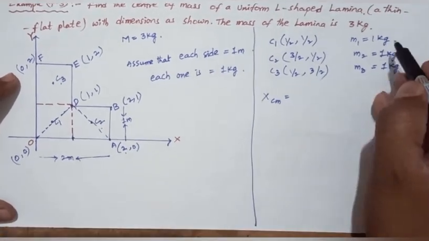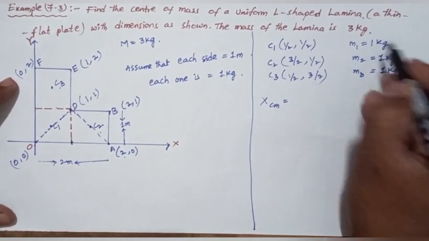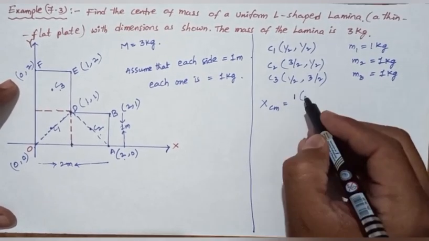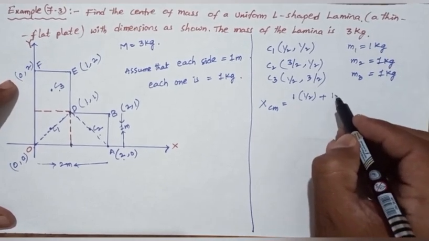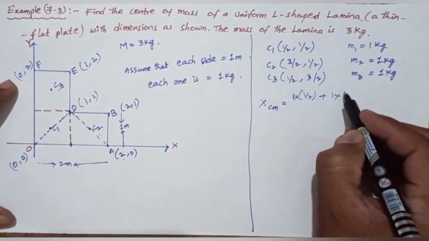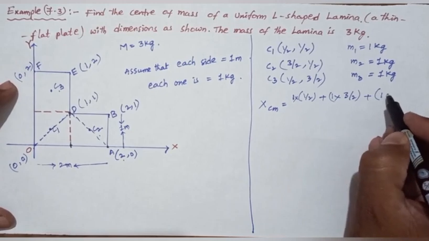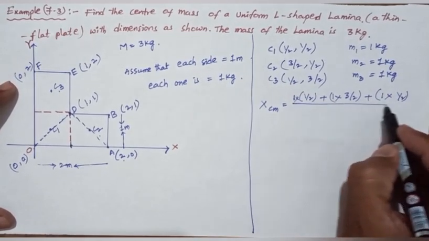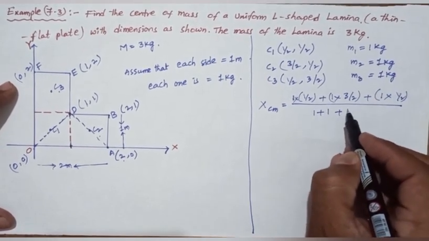So next it is m1 into x1. m1 is 1, so 1 into 1 by 2, plus 1 into 3 by 2, plus 1 into 1 by 2, divided by 1 plus 1 plus 1.